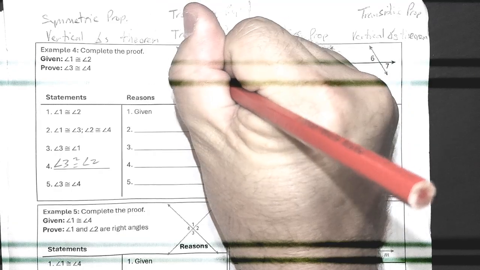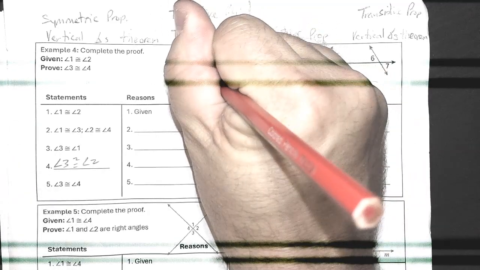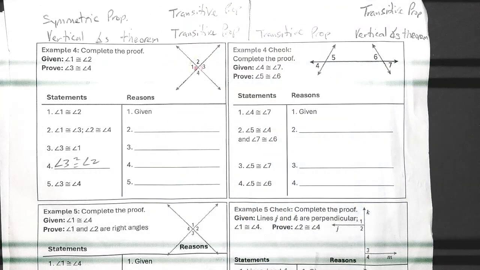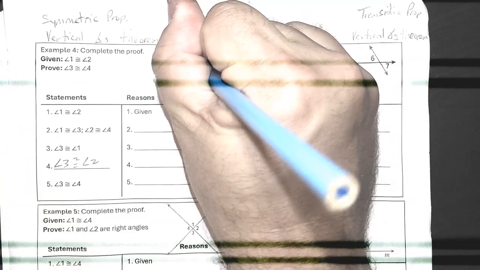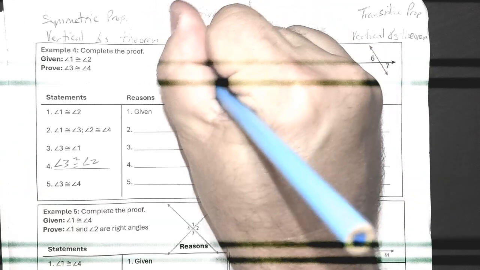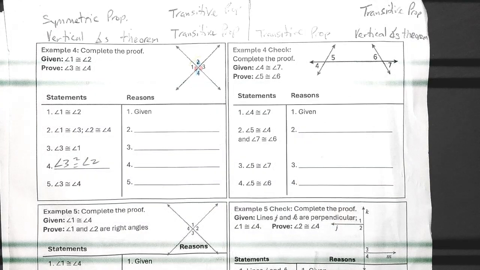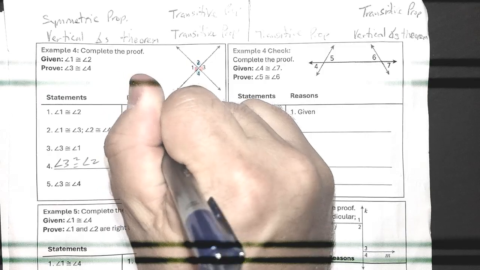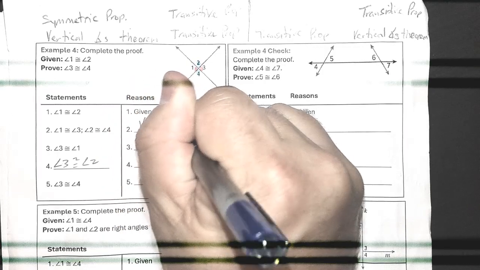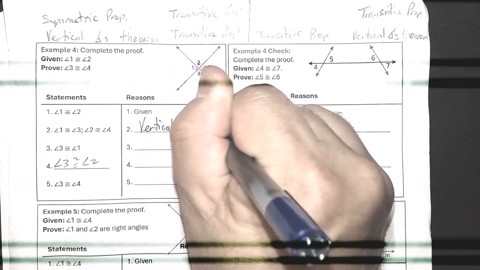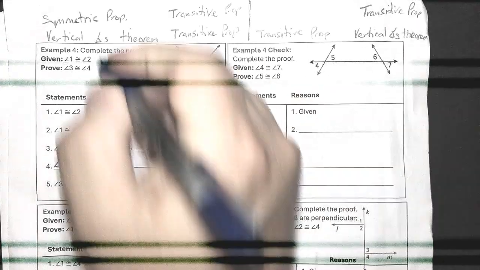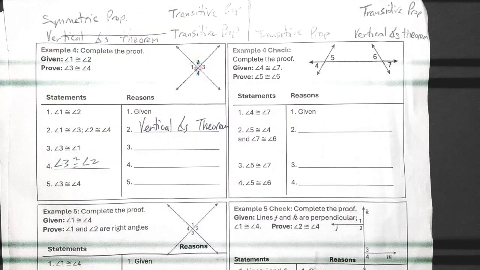So we'll go blue for 1 and 3, and 2 and 4. You can see that. And that is, like I said, the vertical angles theorem. All right, so vertical angles theorem, we'll cross that off.